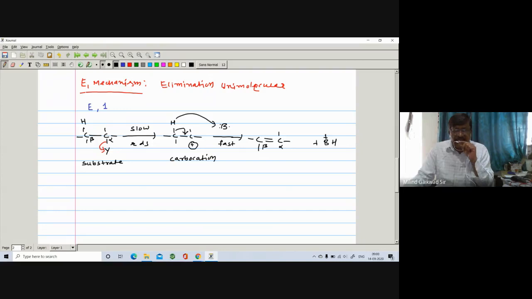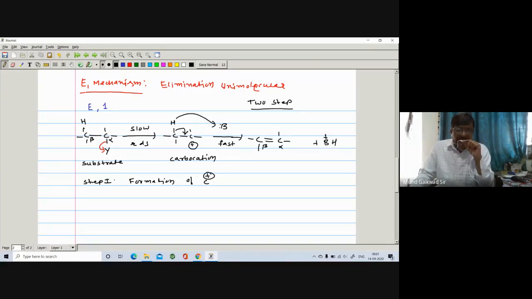The E2 mechanism is a one-step process, but this is a two-step process, right? In the first step, there is a formation of a carbocation. How?